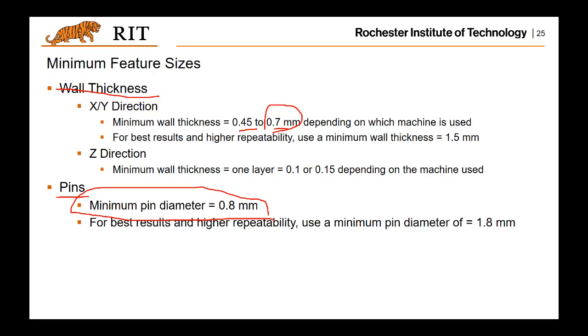And that is if you set up a minimal pin diameter to be 1.8 millimeter, that gives you the best result and a higher repeatability. So the principle here, as you may see, you want to be conservative when you set this up. You don't want to be aggressive, and truly rely on the parameter the manufacturer of the machine gave you. Usually that will not work. You want to be more careful to set up these minimal feature sizes, right?